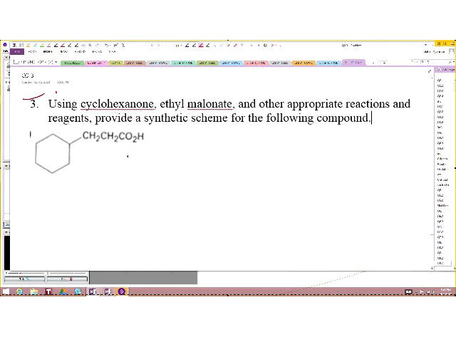So in this case, we are asking you, starting from cyclohexanone, ethyl malonate, and other appropriate reactions and reagents, provide a synthetic scheme for this compound here. This will require a lot of thinking. This is more than just knowing your reagents. This is where you need to begin to think critically.